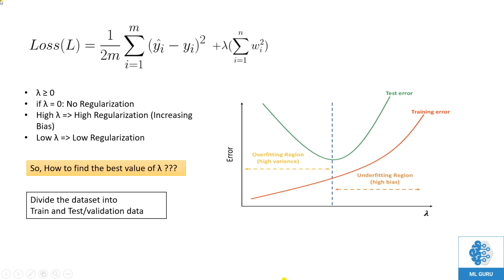So when we increase the value of lambda, the training error goes up, the test error comes down, and after a certain limit what happens is the training error continues to go up, but the test error which was coming down will also go up. Why? Because now we are going towards the high bias problem. Okay, so we must stop at this particular point.